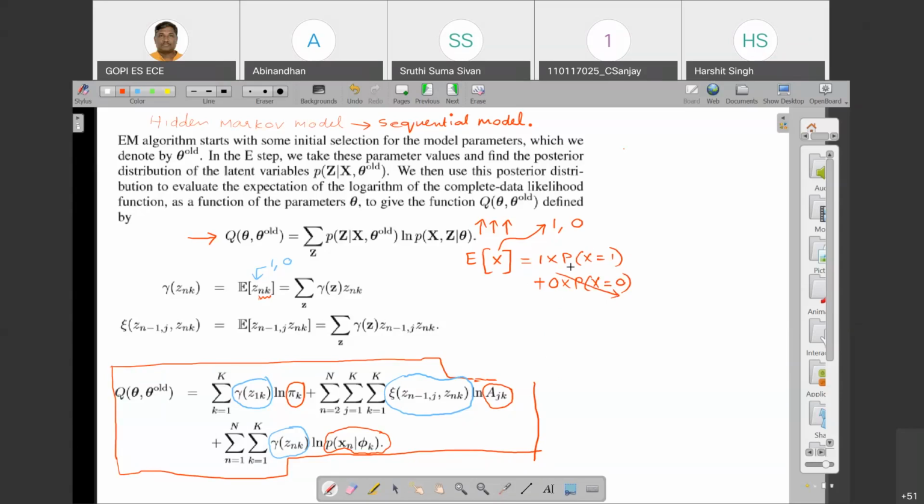It means that if I take the expectation and the random variable takes either 1 or 0, the expectation directly gives the probability itself. That is the reason gamma of Znk is the conditional probability. Of course, everything is taken as an expectation given X.